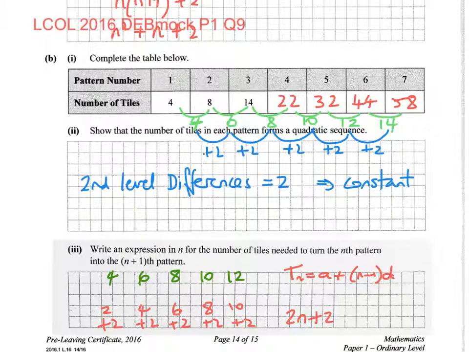And if you think about what's going on, looking back at the table, the number 4 is added on to the first term to get the next term, 6 is added on to the second term. What have we got there? 2 lots of 1 plus 2, 2 lots of 2 plus 2, 2 lots of 3 plus 2, 2 lots of 4 plus 2 gives you those numbers.